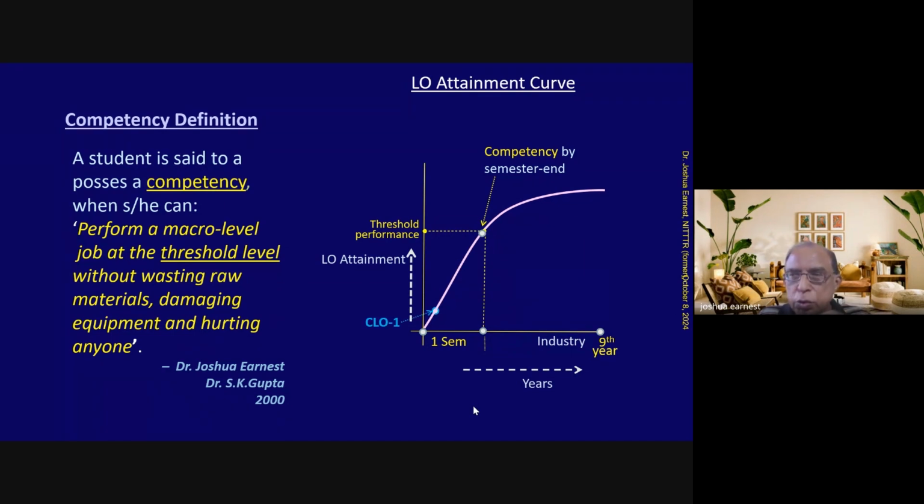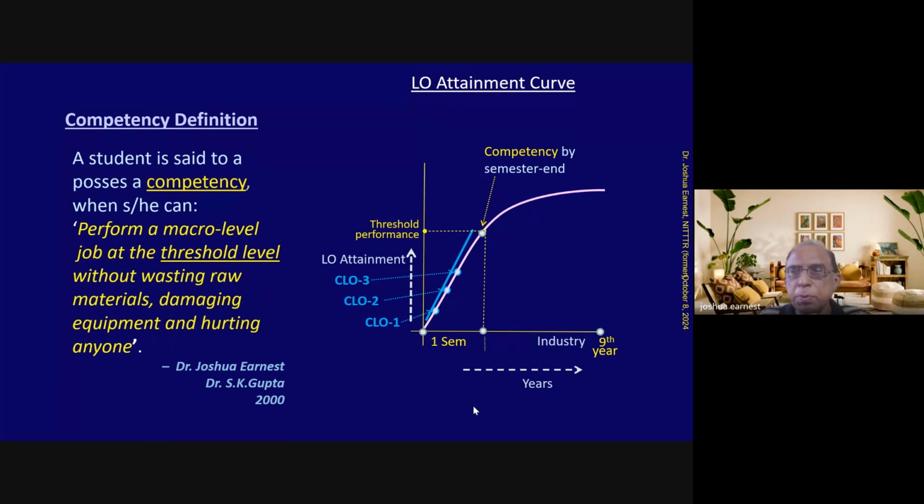And you have the first CLO that is taught maybe in the first 2 weeks. Then you teach the second CLO or CO, then the third CLO, and so on. When all the 5 CLOs have been taught, what happens? The competency is developed. And that is the threshold performance.